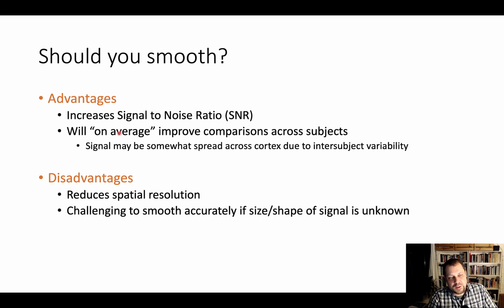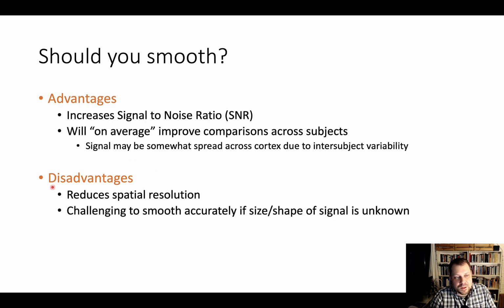It will also improve comparisons across subjects, to account for small anatomical differences across subjects. If you think about cortex, these differences actually become a little bit larger. So the signal that you're looking for may actually be somewhat spread across areas or regions of activation in cortex because of intersubject variability and because of some inaccuracies in the transformations that we apply when we normalize brains.